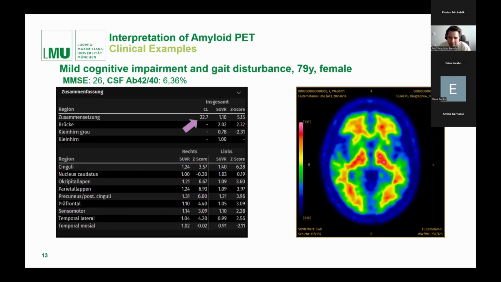Here again, an intermediate range. MMSE was 26. And again, we found a borderline value here for the centiloids. And yeah, of course, this helps you at least to judge that the case is not completely negative. So you cannot rule out Alzheimer's disease pathophysiology, but you should evaluate the case even further.